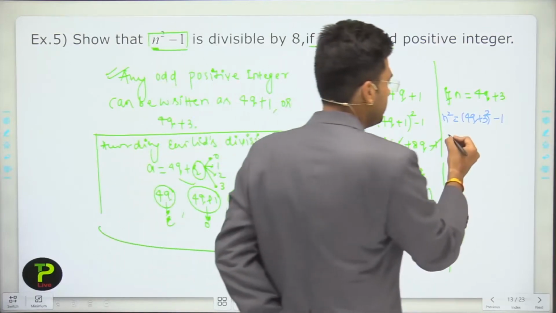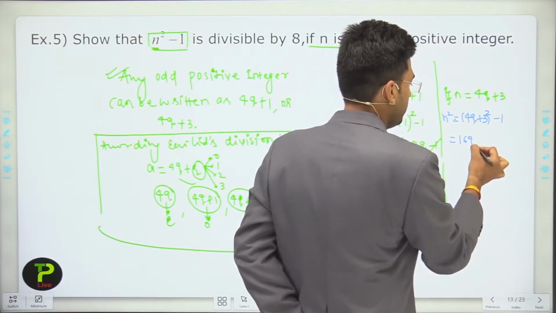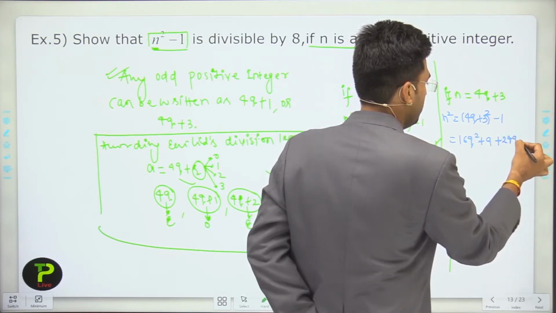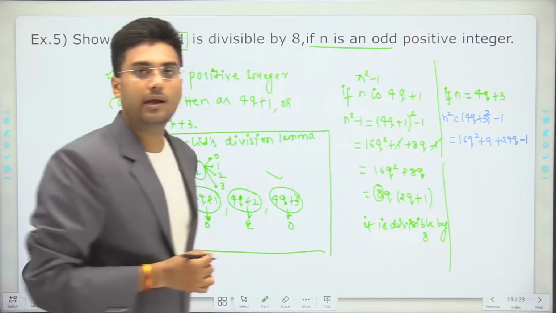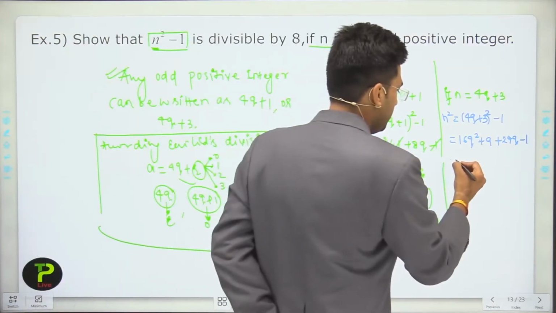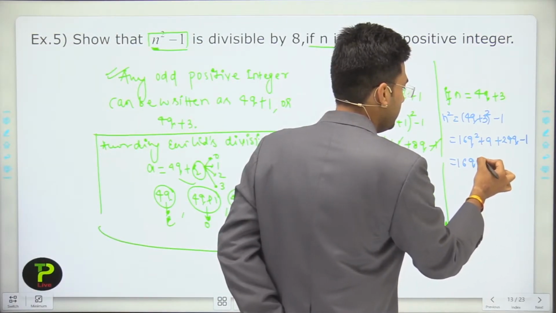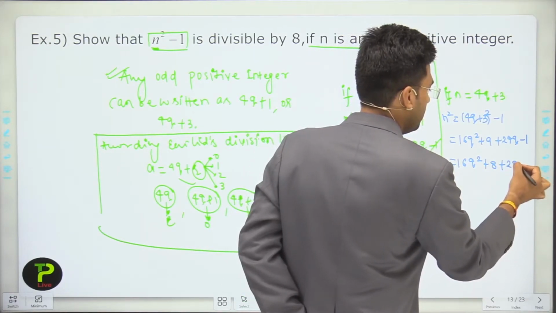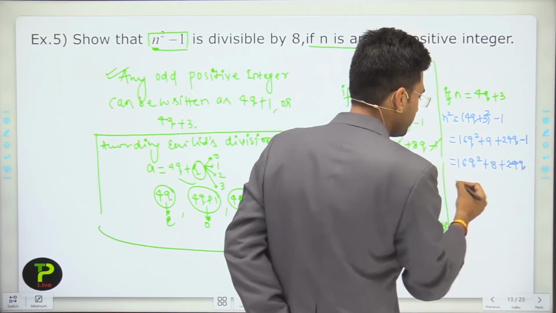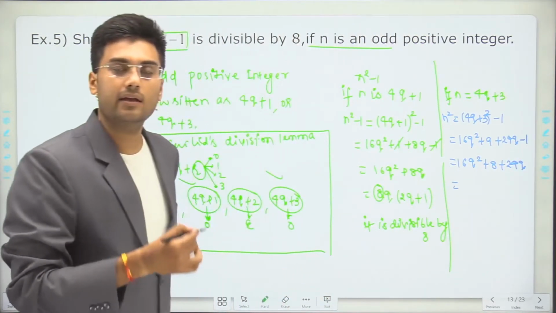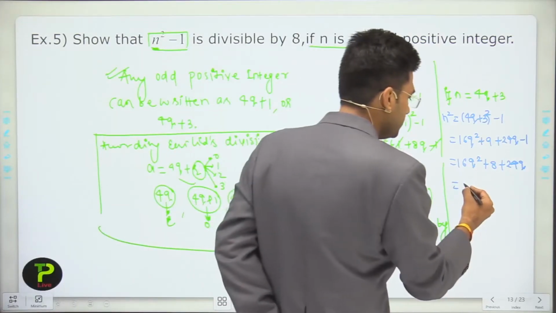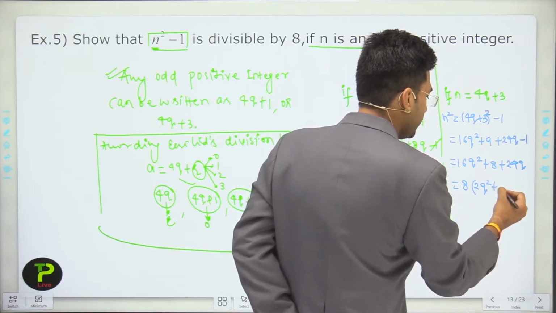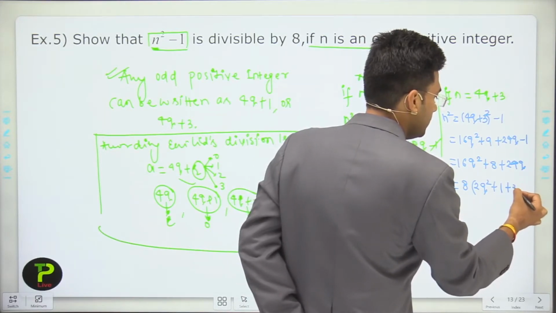Now let's solve this. 16q² plus 9 plus 24q minus 1, and when we solve this, we get 16q² plus 8 plus 24q, and we can take 8 as a common factor among these three terms, so we get 8 multiplied by (2q² plus 1 plus 3q).